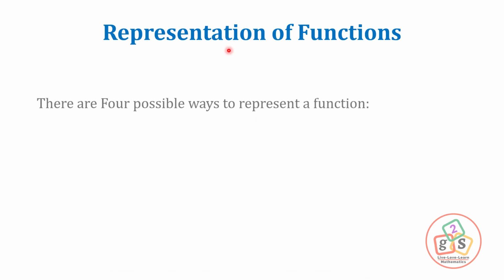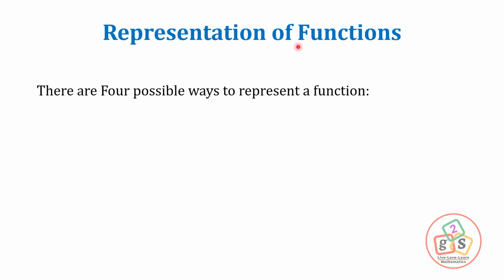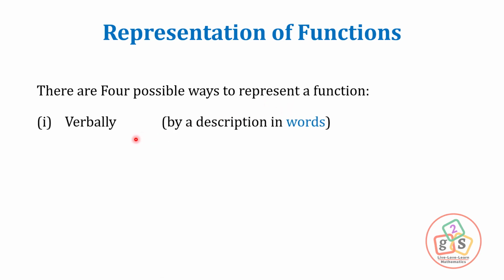Now we see representation of functions. So there are four possible ways to represent a function. The first one is verbally, that is by a description in words. In words we are saying ellipse, parabola, straight line, hyperbola, and by words we are representing a function. And the second one is numerically, which means we can represent by a table of values.